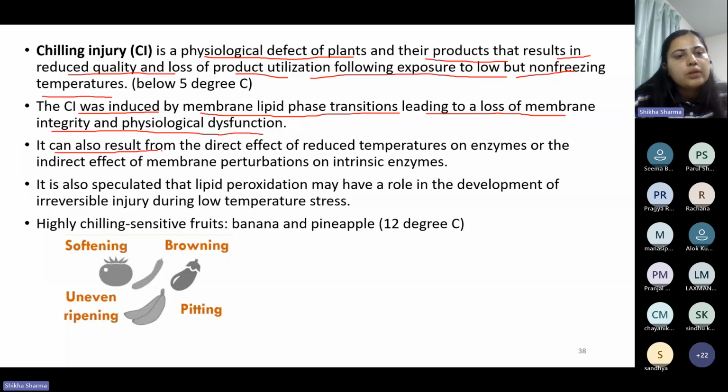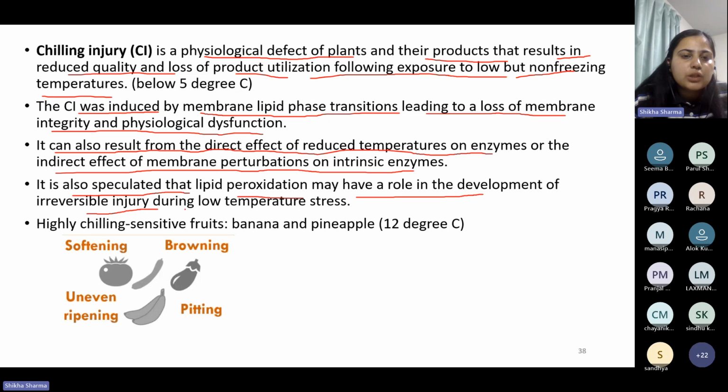It can also result from the direct effect of reduced temperature on enzymes, or from the indirect effect of membrane perturbations on intrinsic enzymes.